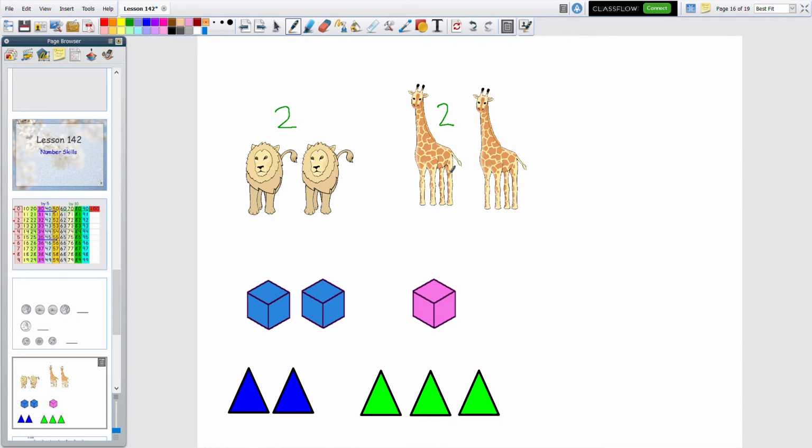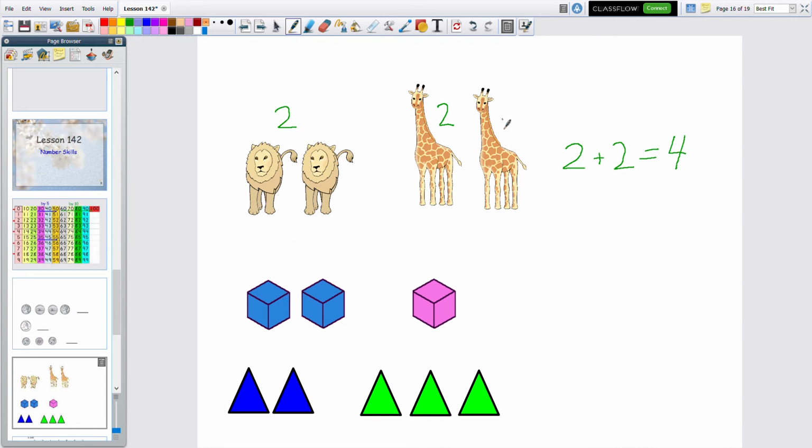Of course, they had different pens, but how many animals would they have in that area? Let's write that out. 2 lions plus 2 giraffes equals how many animals? 4 animals, that's right. Because 2 plus 2 equals 4.